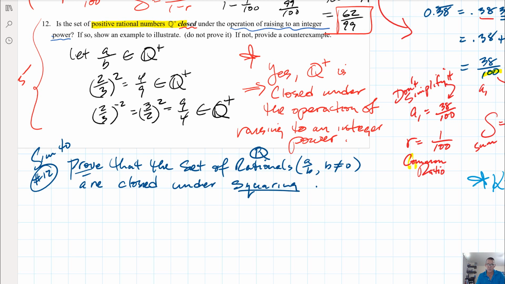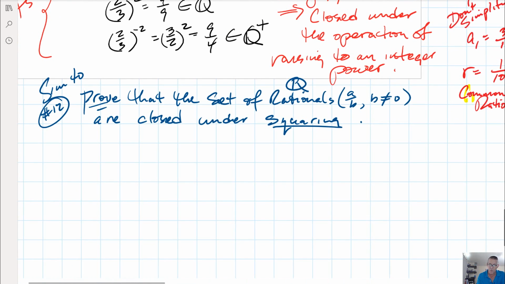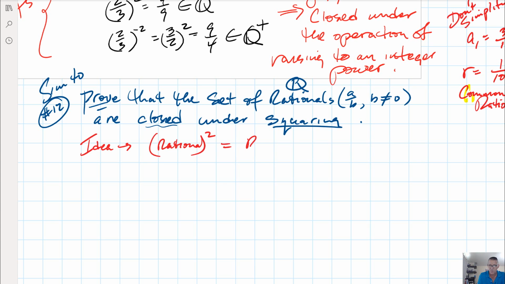And I say prove, because it is true. A rational squared is always a rational. So if I say prove that it's closed, that means it's true. The idea is that if you take any rational number and square it, it's always rational. That's how simple it is.